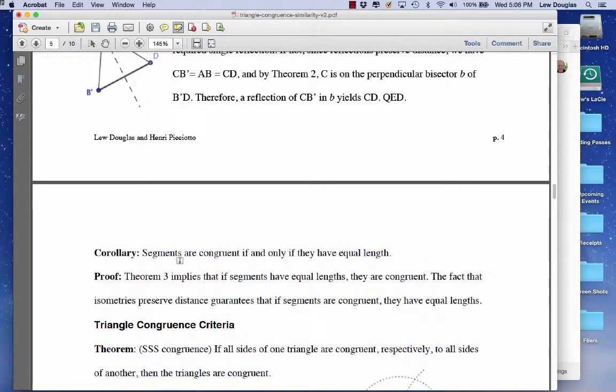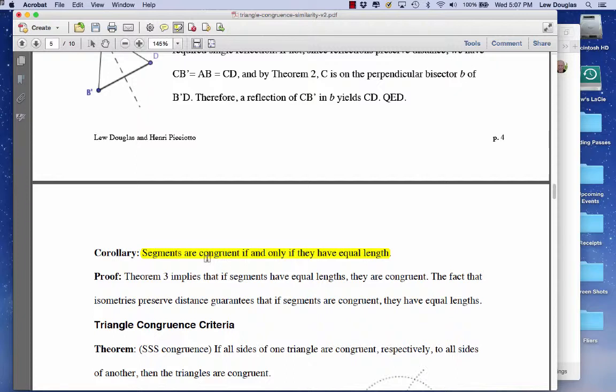Okay, a corollary is that segments are congruent if and only if they have equal length. So if they are congruent, then it says right here, that means you can map one onto the other with a sequence of isometries that preserve distance.